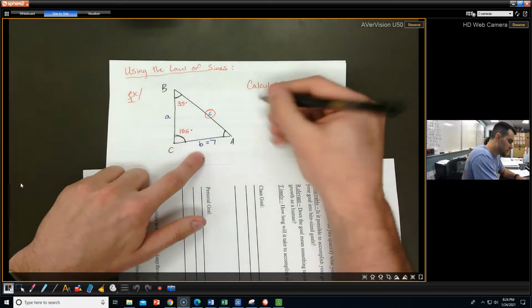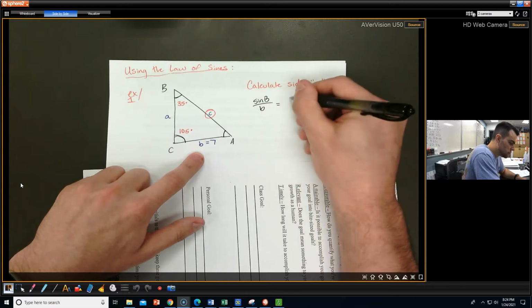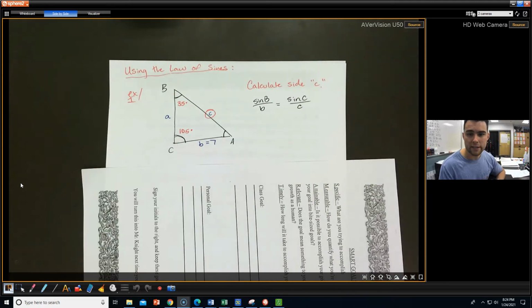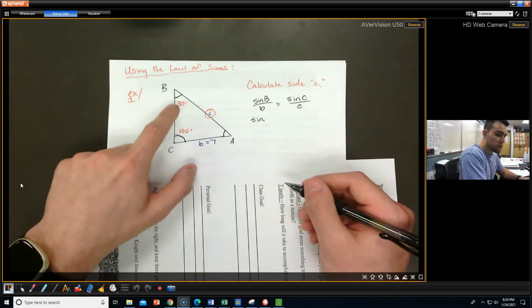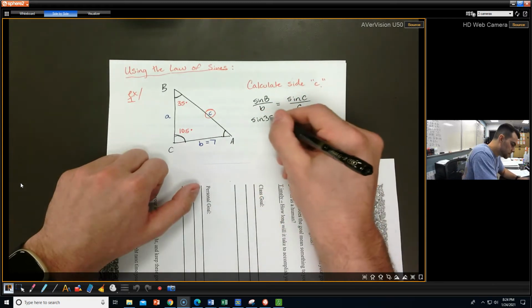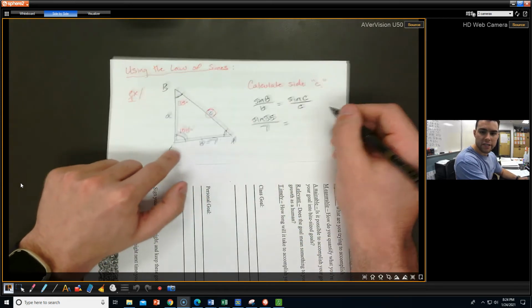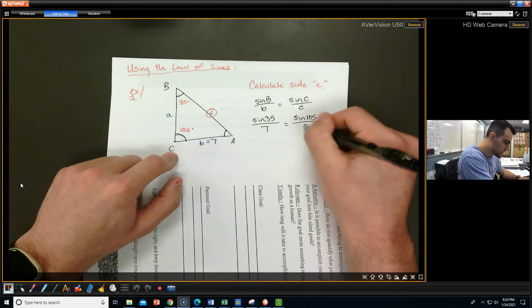So again, if I'm thinking about this, I know sine of B divided by b is equal to sine of C divided by side length c. And let's go ahead and replace some of those things that we know. We know sine of B is going to be sine of 35, divided by b is 7, and that's going to equal sine C, so sine of 105 divided by c.